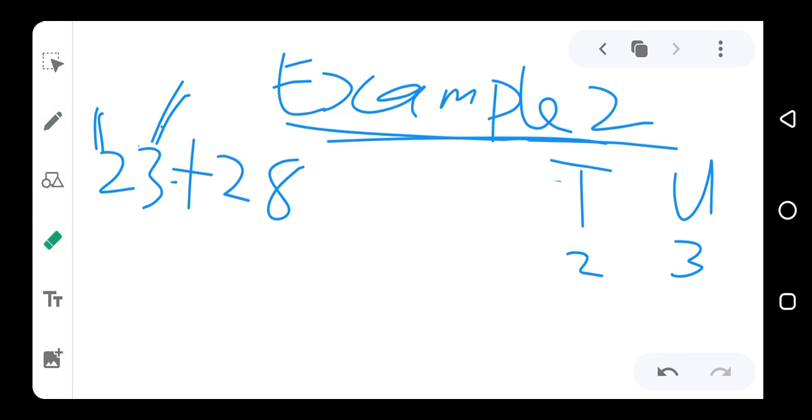Now for the second number, we have 8 and 2, which is two digits. So we put the first number under U, and we put the second number under T. Now we draw our line. 3 plus 8 will give us what?